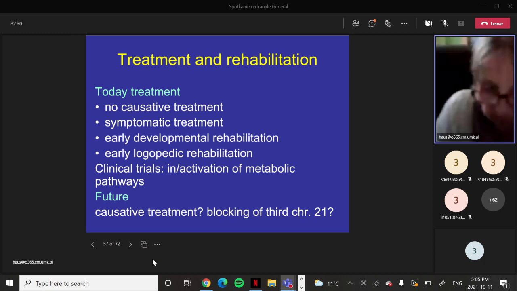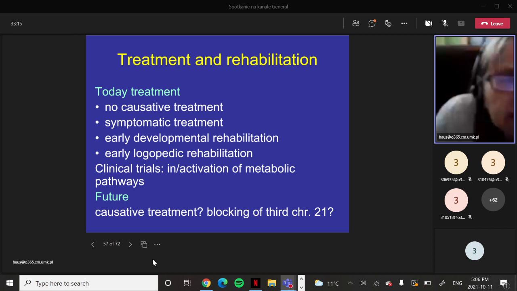So we have additional copies of 400 genes, and every additional copy means a change in at least one metabolic pathway. So these trials with inactivation or activation of metabolic pathways are very promising.